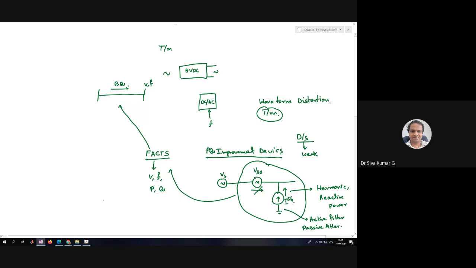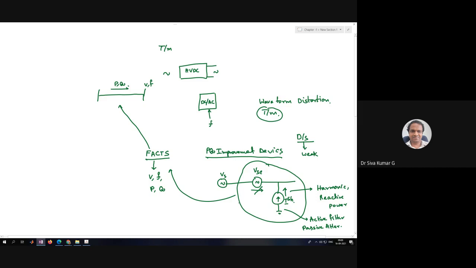Also, the harmonics or waveform distortion won't be there in the transmission network, because it is a very strong system, and there are filters used to attenuate and trap the harmonics in the distribution system itself. They will not percolate to the transmission network.